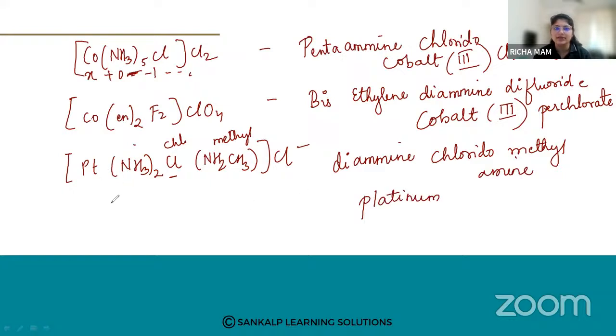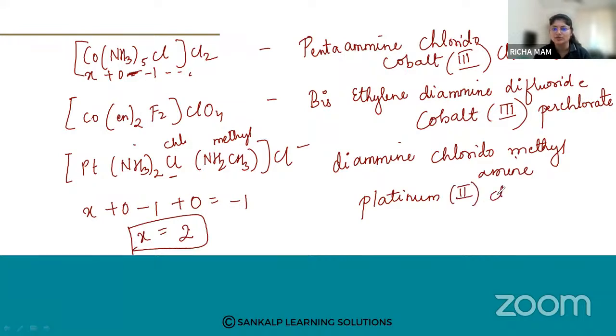The charge on the platinum is what? So X plus 0 minus 1 plus 0 equals minus 1. So X will be 2. The charge will be 2. So platinum 2 chloride. So these are the names.